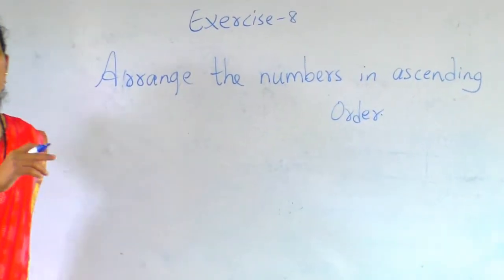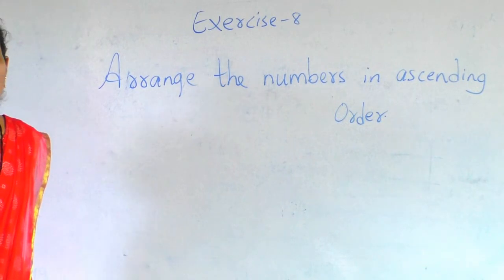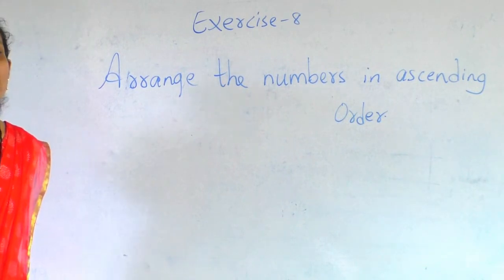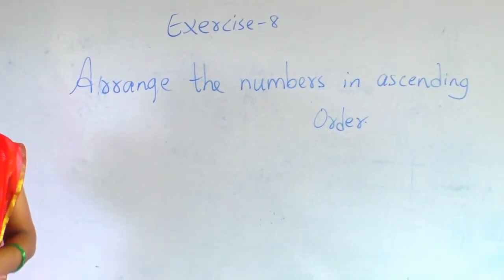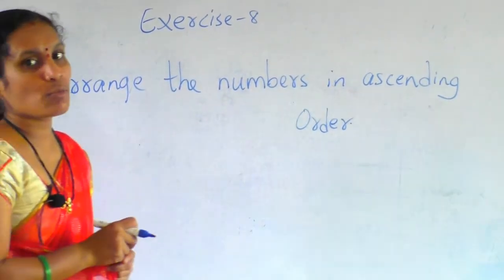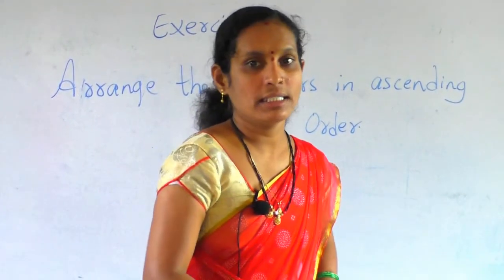Already you know what is ascending order. Ascending order means smaller number to bigger number. We should write smaller number to bigger number.